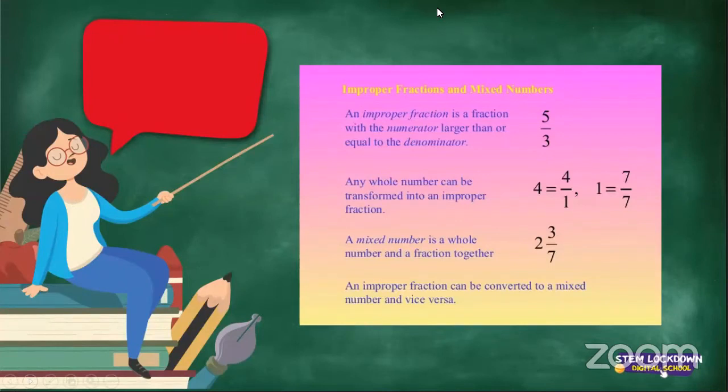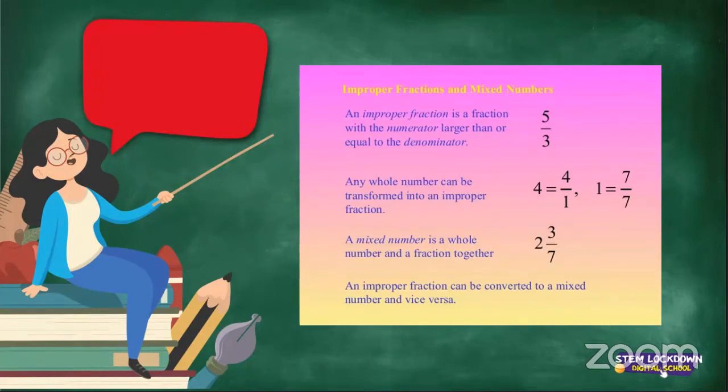So here we have 4. This is to explain why we are saying any whole number can be transformed into an improper fraction. We know that any number that is divided by 1 remains itself. So to transform 4 into an improper fraction, we divide by 1.